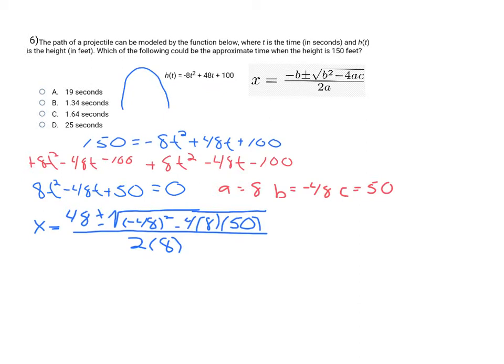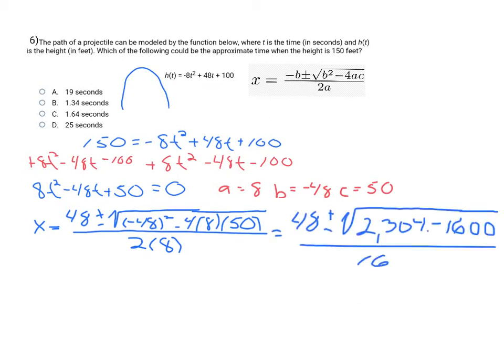And so then I just have to work it out. So negative 48 squared is 2,304, and then 4 times 8 times 50 is 1,600, and then 2 times 8 is 16. Next, I'm going to go ahead and do the subtraction underneath the square root.